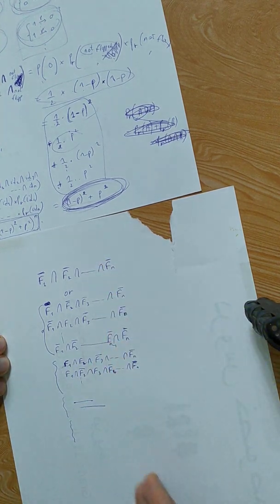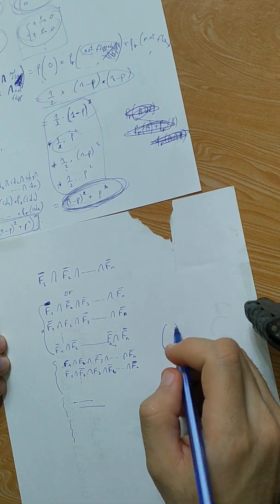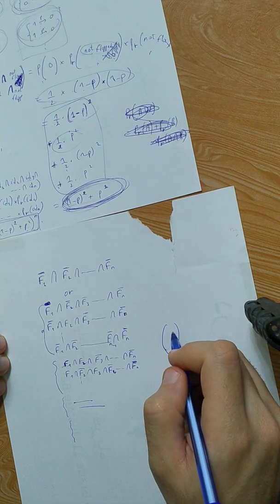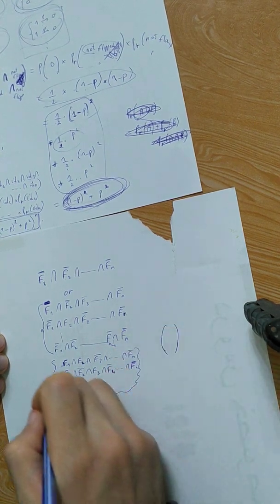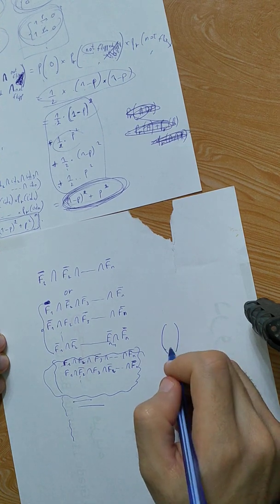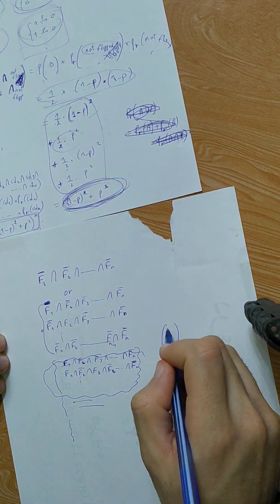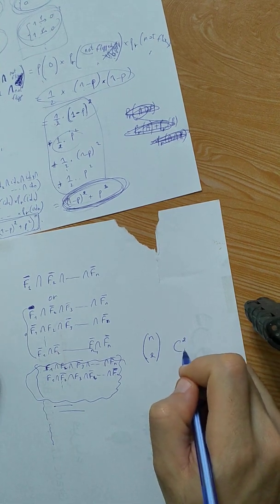All this should remind you of the combination. What is the number of cases when we have only two among n? It is n choose 2, which we sometimes write like this.